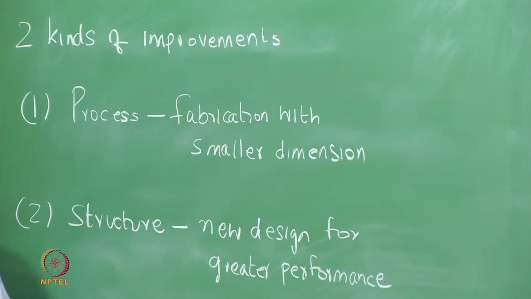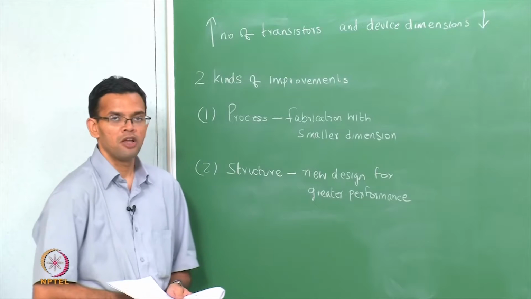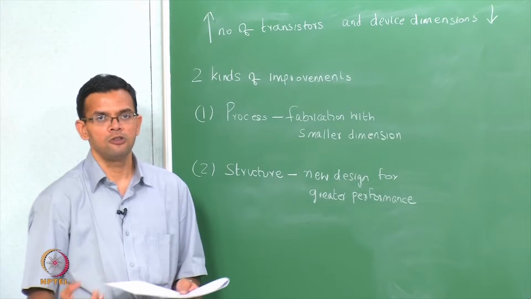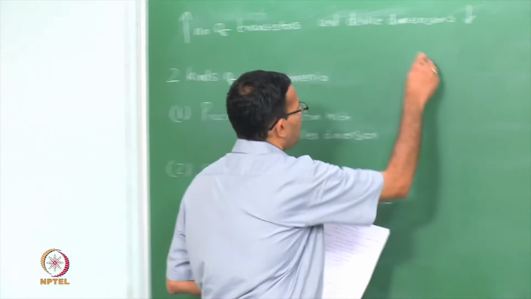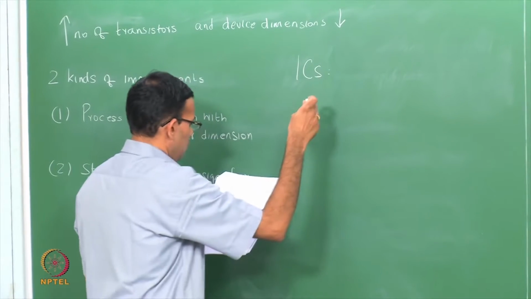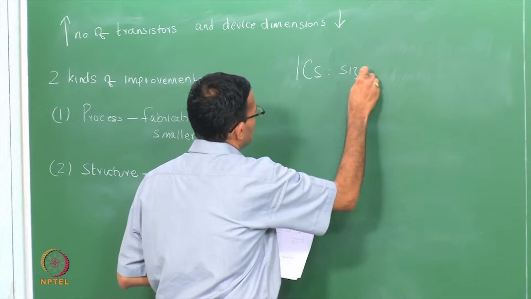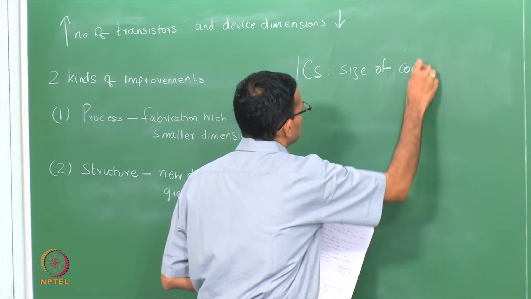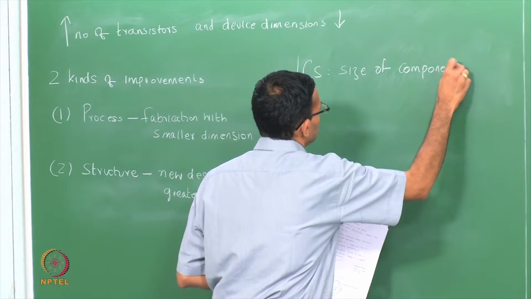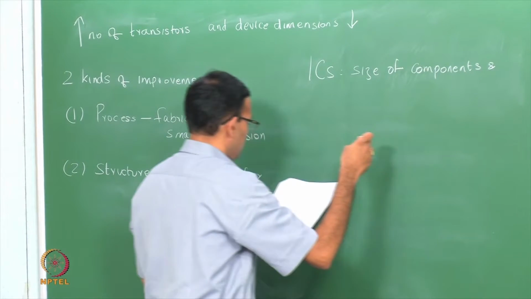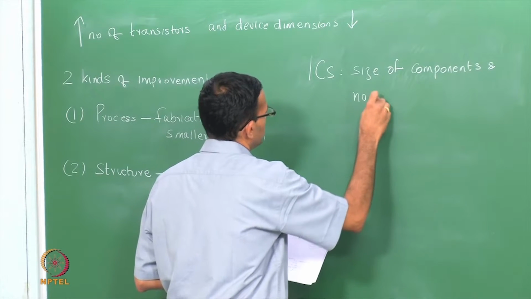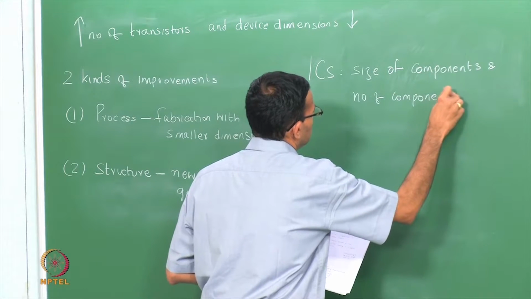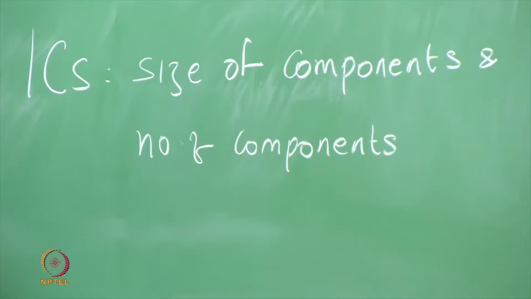Whenever we talk about integrated circuits, we usually characterize them by the size of the components and also the number of components. So, we always talk about the size of the components. This is usually called a feature size. And the number of components, which in turn is related to your device density.